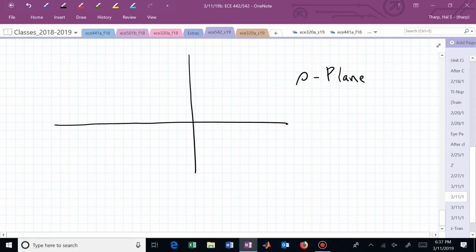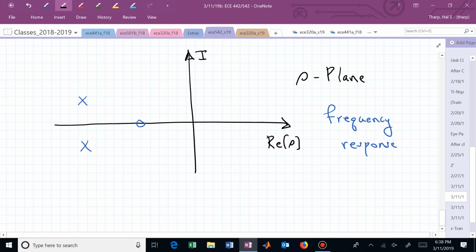If I'm interested in the frequency response, and maybe I have a zero here and a couple of poles here, here's the real part of S and here's the imaginary part of S.